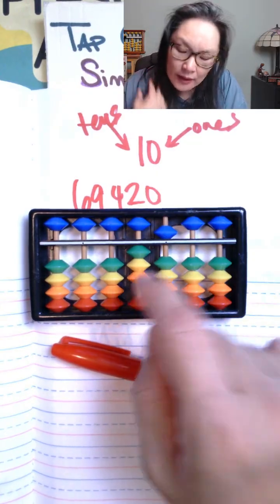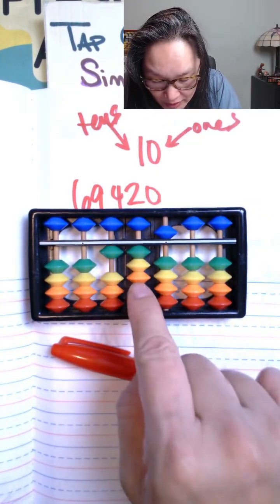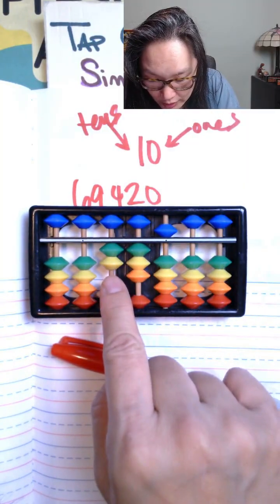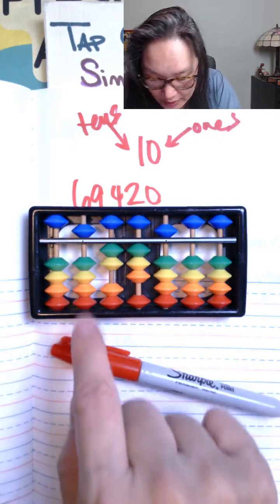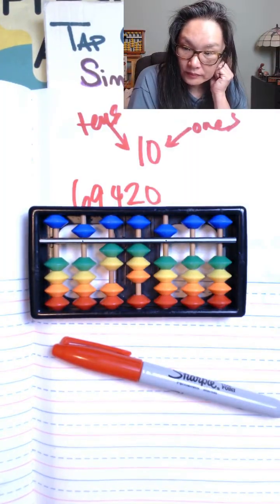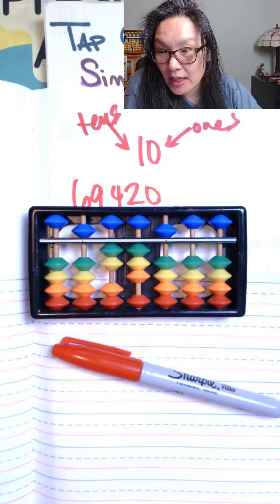So we have 135, and then 235, and then if I did this, it would be 5,235. Make sense?